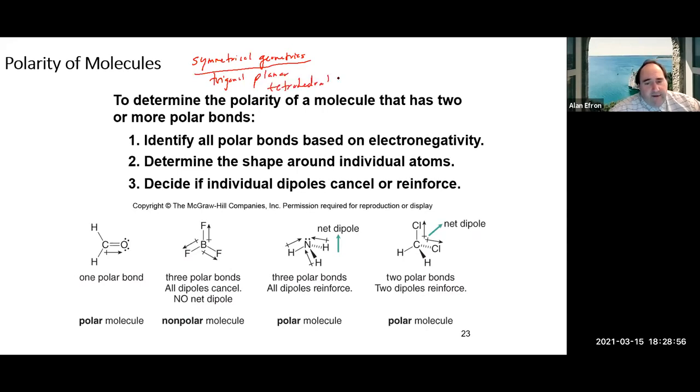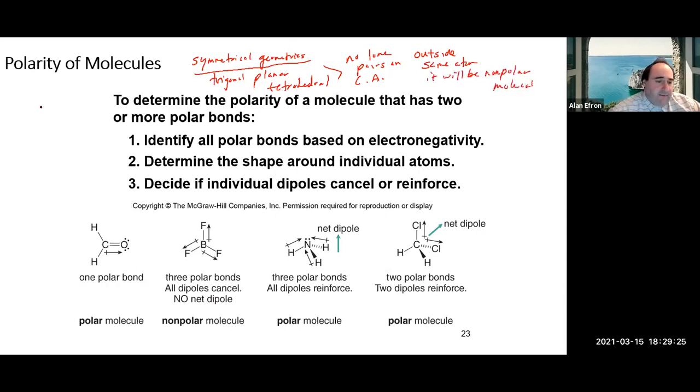What these have in common is that if you draw the central atom, there are no lone pairs on the central atom. And if you have this situation and everything on the outside is the same atom, it will be nonpolar. They will all cancel each other out. It will become a nonpolar molecule.